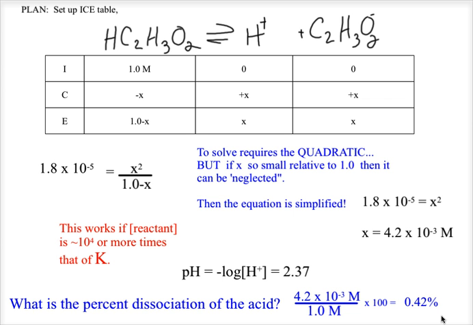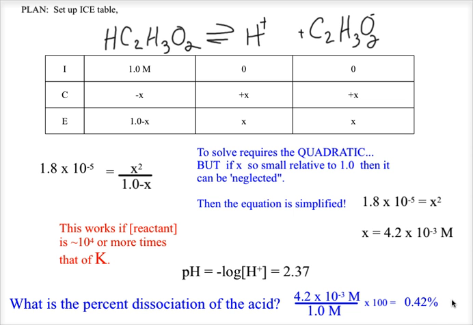Just a little bit of a backtrack to ask the question, what is the percent dissociation? Since it's a weak acid, we know that only a small percentage of the acid dissociates. If we calculated the concentration of the hydrogen ions, which is also in direct relation to the concentration of acetic acid that dissociated, we can calculate the percent simply by putting the part over the whole times 100.